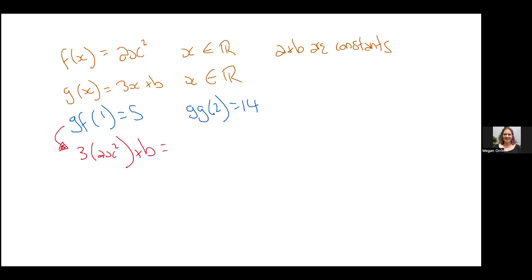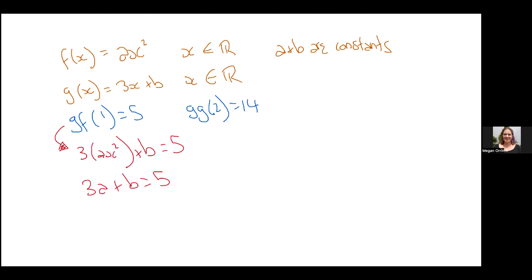Do I know anything else? x is going to be 1. So 3a times 1 squared, that's not really very interesting. So it was 3a plus b equals 5. All right, so that gives us one piece of information.